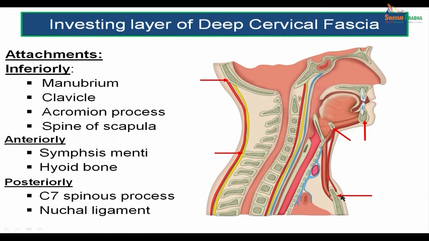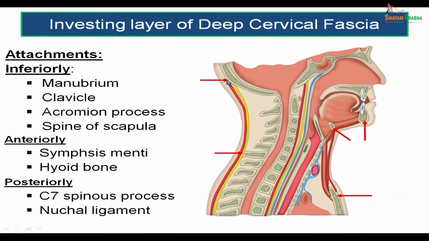Inferiorly, it is attached to the manubrium sterni, the clavicle, the acromion process and spine of scapula. Anteriorly, it is attached to the symphysis menti and the hyoid bone. Posteriorly, it is attached to the spine of C7 cervical vertebrae and in this region to the nuchal ligament.